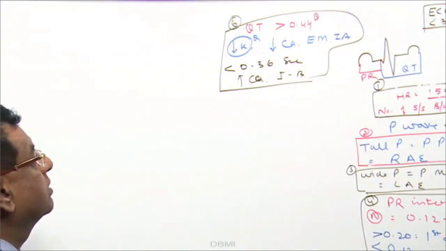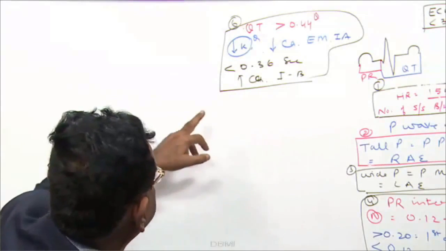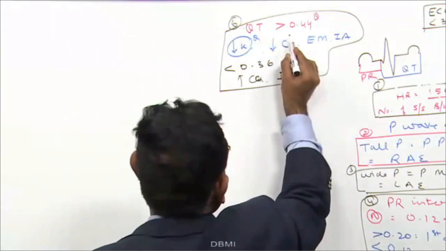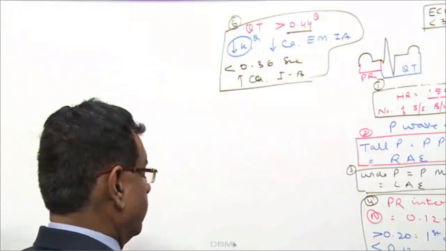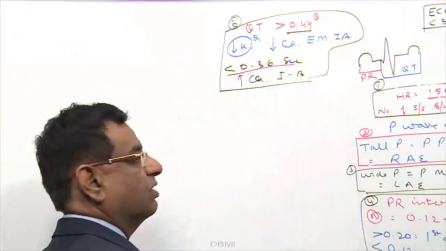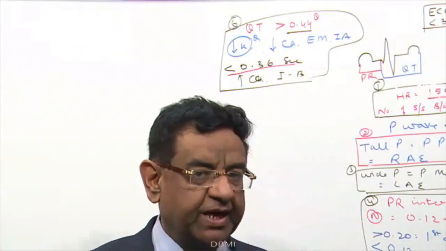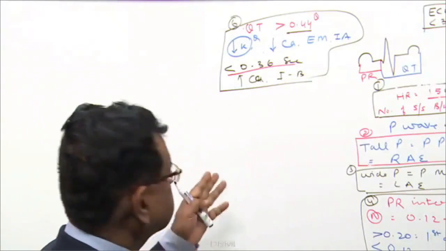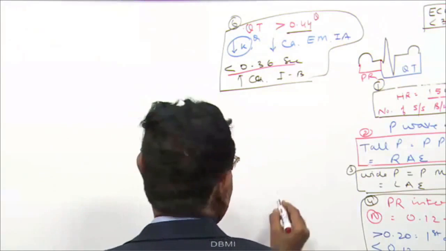So a prolonged QT is more than 0.44 second, and of course the short QT interval is less than 0.36 second. A long list is there, but I have discussed those which are very frequently asked causes. This is the QT interval.